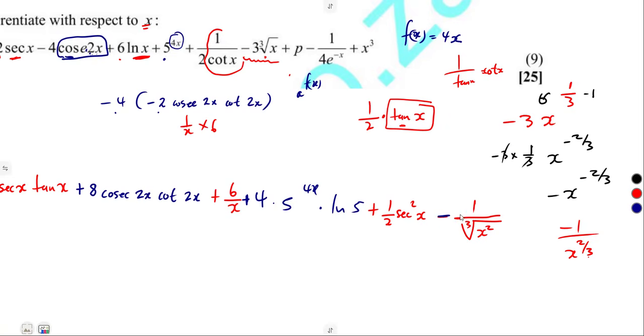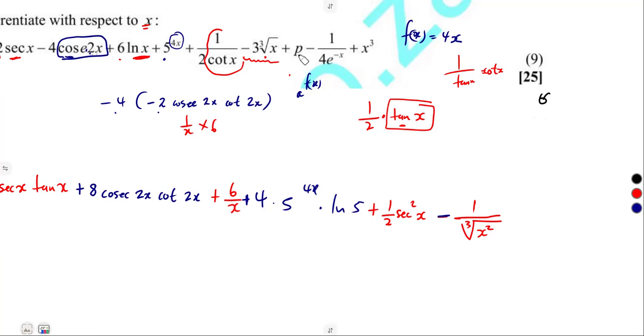So that is what you're going to have at the end, with a negative. So you differentiate each. Then you move on to the derivative of p. P is a constant, so its derivative gives us a 0. All right.